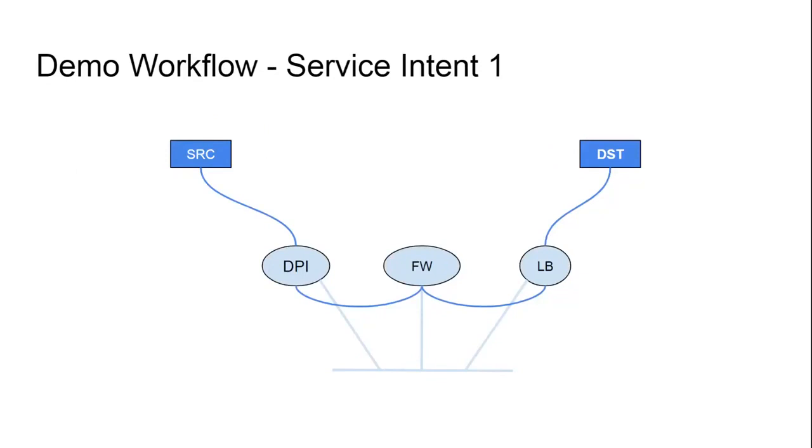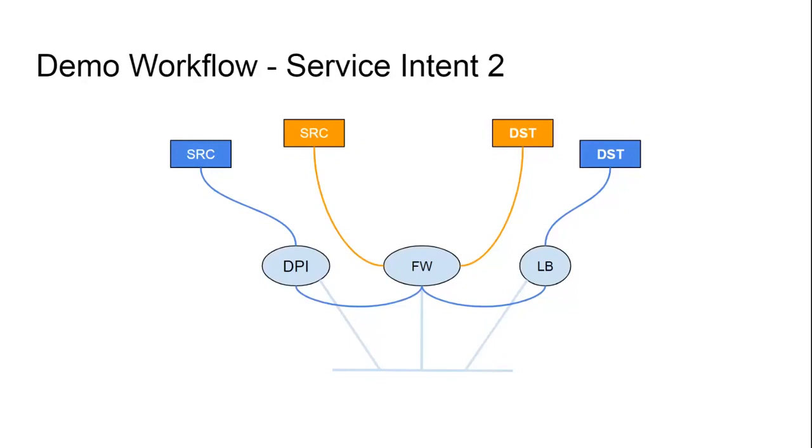The first one will be the blue one that you are seeing right now, and this will contain all 3 applicative VNFs, and it will be symmetrical, so the same path for the reverse path as well, and then the orange one, which will only contain the firewall.